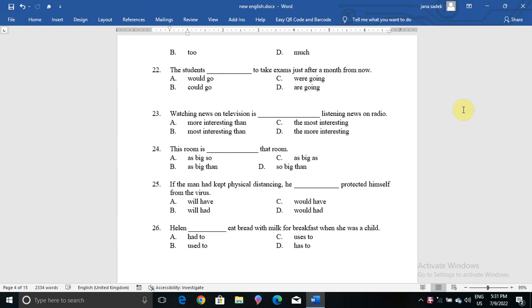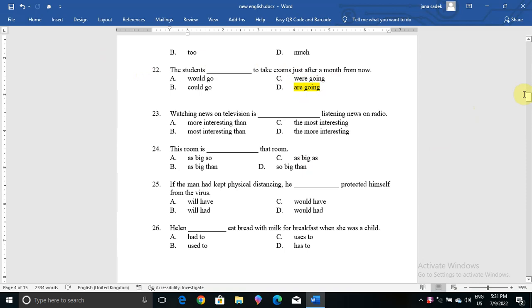Something that is present from now and continues until the future. Of course it will be are going. The students, something that continues, right? So the students are going to take exams just after a month from now. So the correct answer for question number 22 is choice D, which is are going.